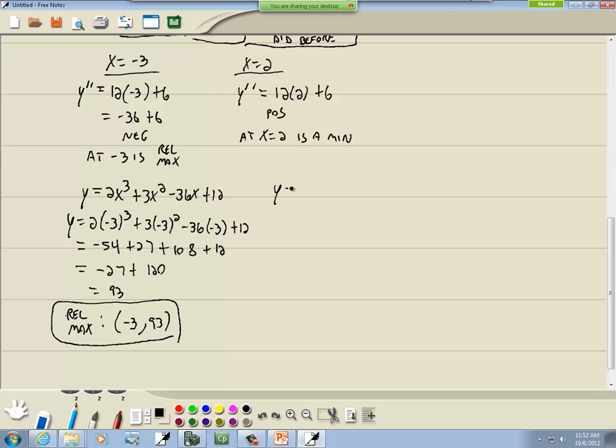Now over here, I'm going to plug the 2 in. So we got 2x to the third plus 3x squared minus 36x plus 12. And plug the 2 in.